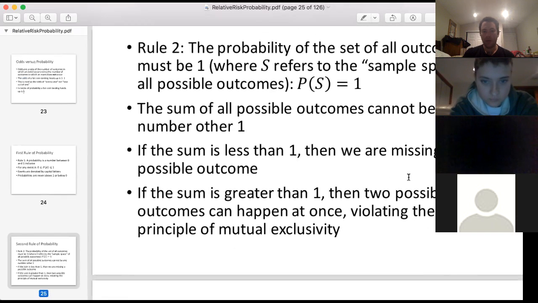If it doesn't all equal 1, then we're either missing a possible outcome, or we have 2 possible outcomes that could happen at once, which violates the principle of mutual exclusivity, like we said earlier. That's the principle that if you flip a coin, you can't get both heads and tails at the same time.